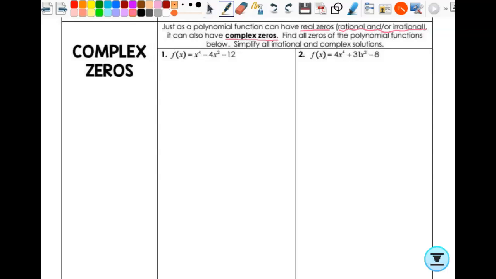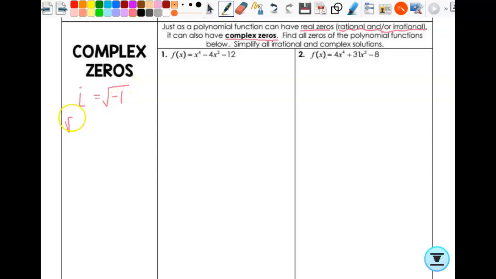So, when we start talking about complex numbers, or like the first time you talked about complex numbers, you were introduced to i. What does i equal? Any ideas? It's the square root of -1. Yeah.